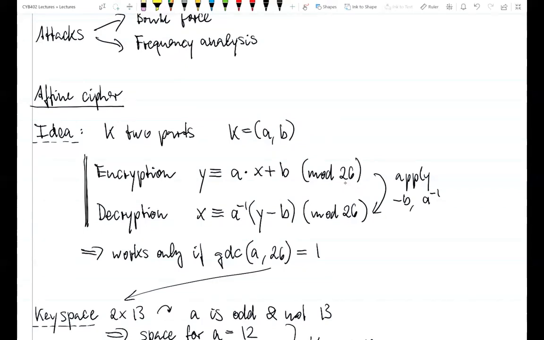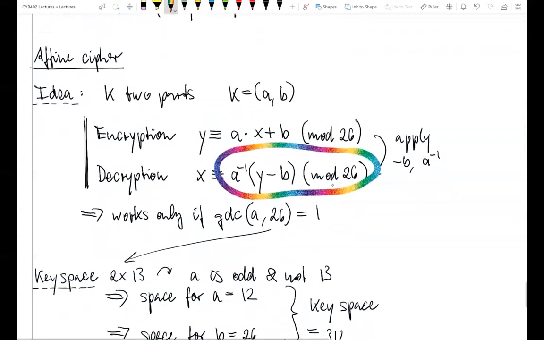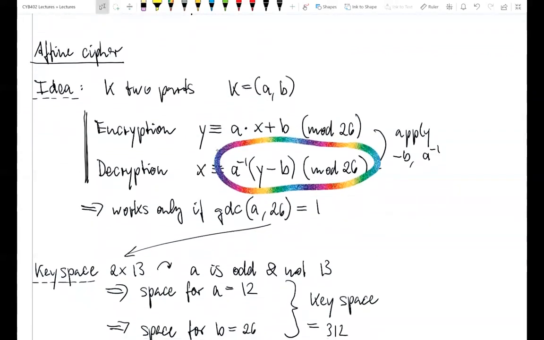Convince yourself that we just do the opposite operation. Given this, we subtract b and we apply the inverse of a. That yields this formula for retrieving the plain text back.